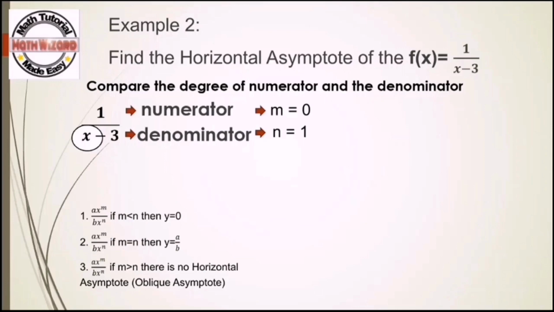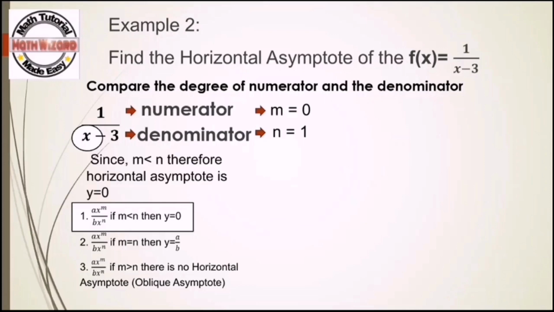So as we can see, m is less than n. Ayan. So, sundan lang natin yung pattern or yung theorem. What are we going to use? The first one, the second one, or the third one? Yes. We need to use the first one, wherein m is less than n. And if m is less than n, therefore, our horizontal asymptote is found at y equals 0.